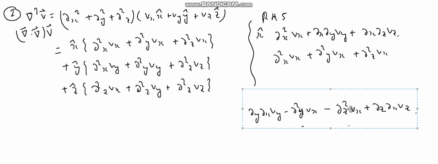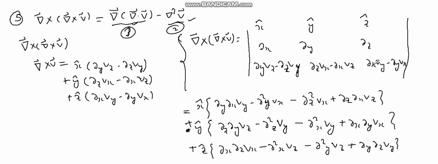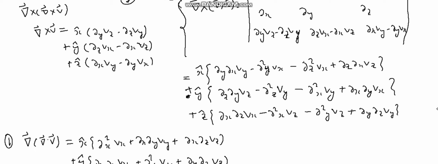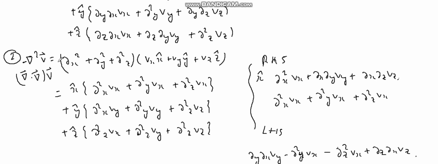So this is LHS. One thing that I forgot over here is the minus sign, because as you can see in the formula we have a minus sign in front of this second term. So all the plus terms will be minus, and minus terms will be plus.